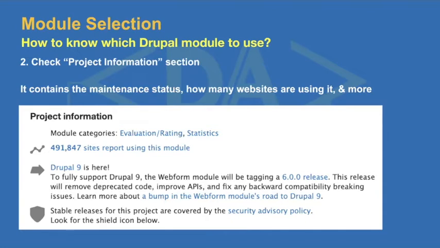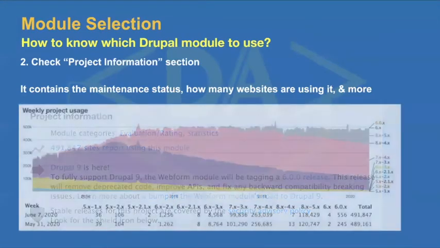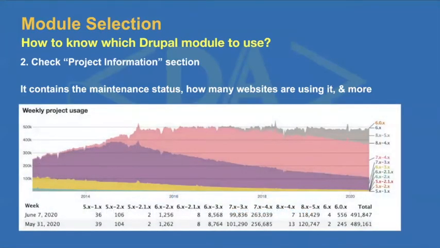If I click on this link that says 491,847, you're taken to a page that gives you a graphical representation and breakdown of how this module is being used for its different versions. So this pink center represents the web form module on 7.x-4.x.